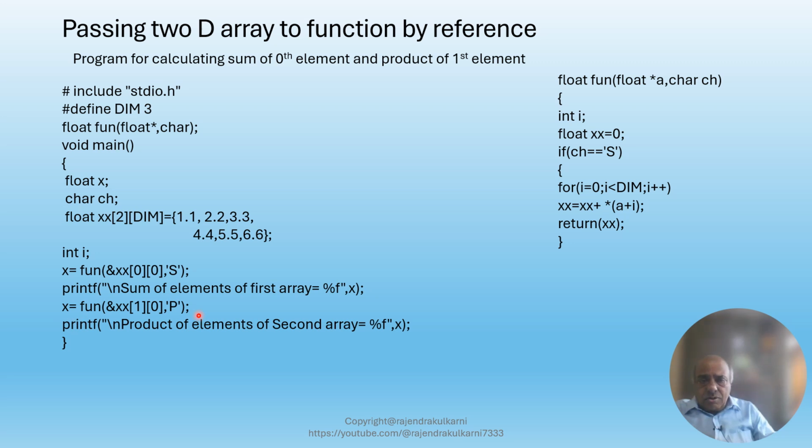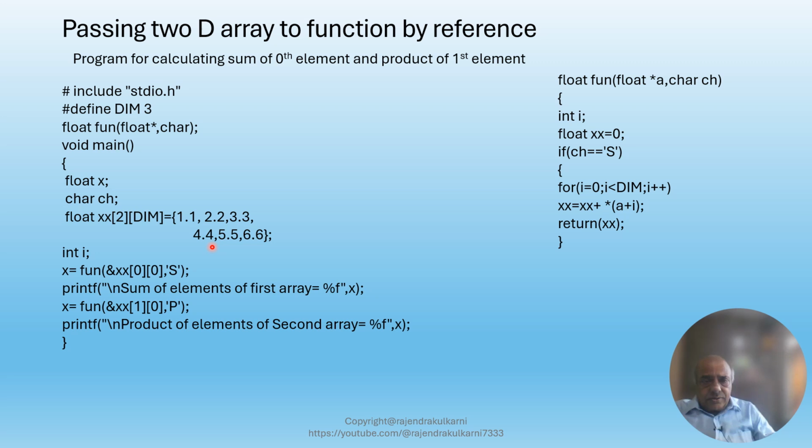In the second call to the function fun, we are passing the base address of the element number 1 of the 2D array xx, which contains the values 4.4, 5.5 and 6.6.